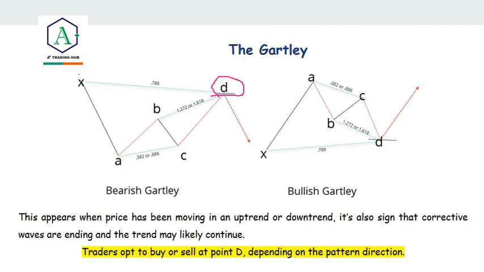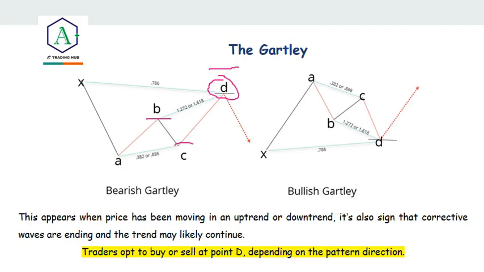So if it's the bearish Gartley you spotted, you sell at the D point. You sell from here at the D point here, and your stop loss should be at least 50 pips away from the signal candle you got, and your first target should be at the D point and your final target should be at the C point.